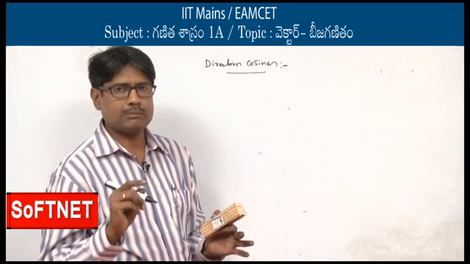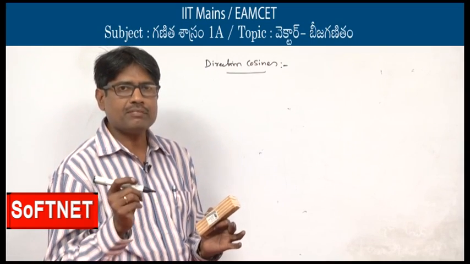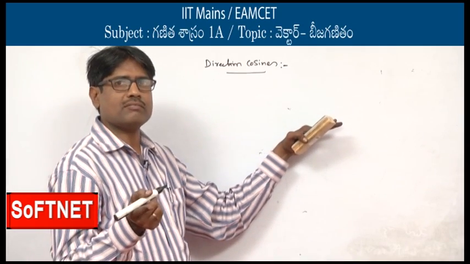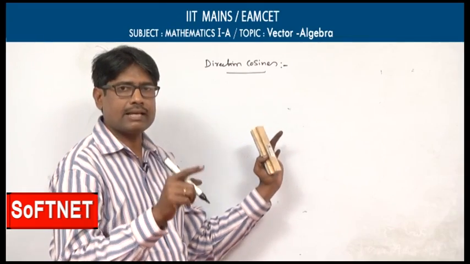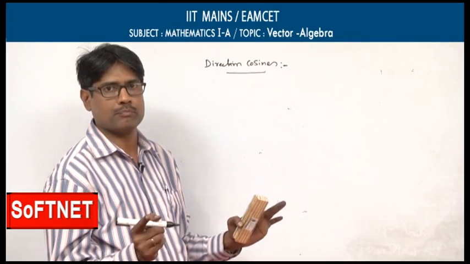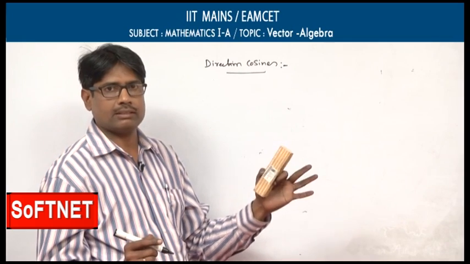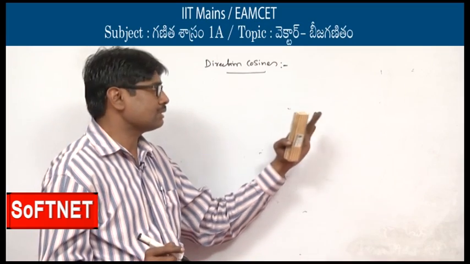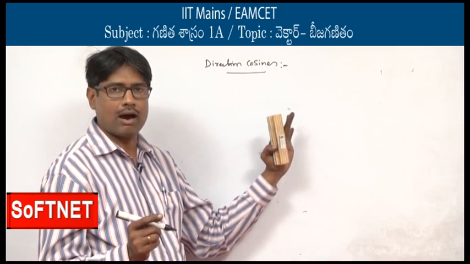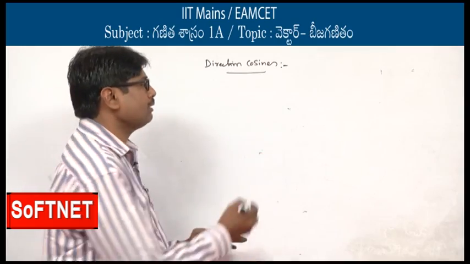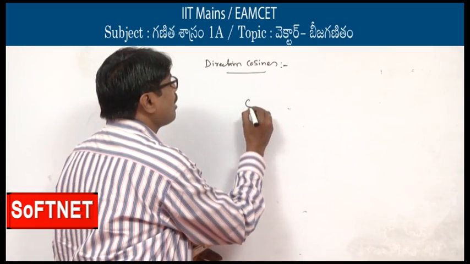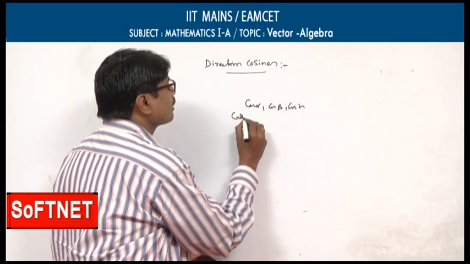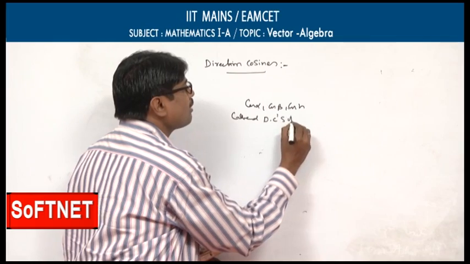I will tell you the mathematical definition. If alpha, beta, gamma are the angles made by a vector R bar in space with the coordinate axes, x axis, y axis, z axis respectively, then the cosines of the angles, cos alpha, cos beta, cos gamma, are called the direction cosines of R bar.